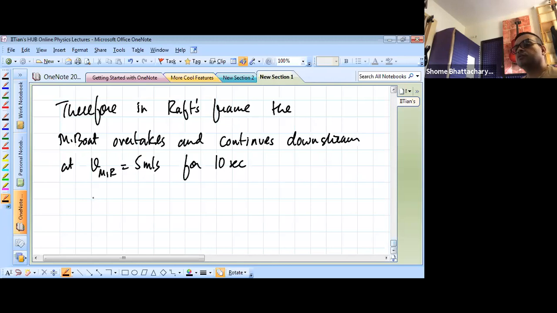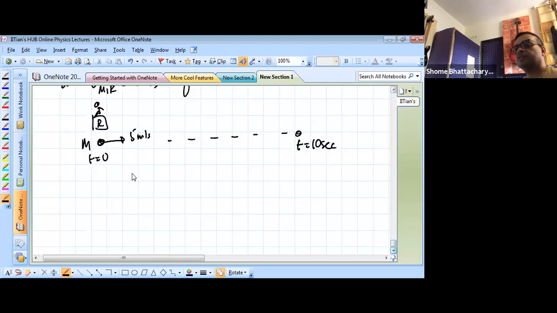Okay. So in the raft's frame, the motorboat was here at t equal to 0. It's going down at 5 meters per second and it goes downstream and reaches here at 10 seconds. Okay. So how much displacement has it covered? The displacement of the motorboat with respect to the raft from 0 to 10 seconds is 50 meters downstream.